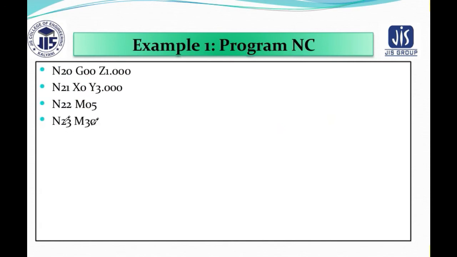And last of all, they are using M05. M05 means this is your spindle stop. Okay, and M30 means your end of tape.